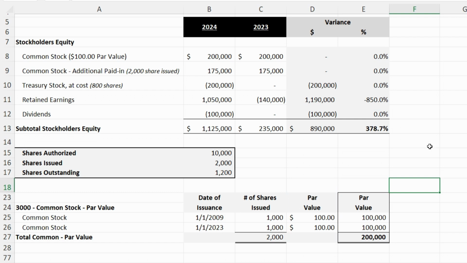In our scenario here, we've done 2 share offerings. One in 2009, we issued 1,000 shares at $100 par value. Par value doesn't necessarily mean that we sold it at $100. It just means those shares of stock cannot be sold for less than $100. I'll explain that in our next category, additional paid in, but just follow me through the par value.